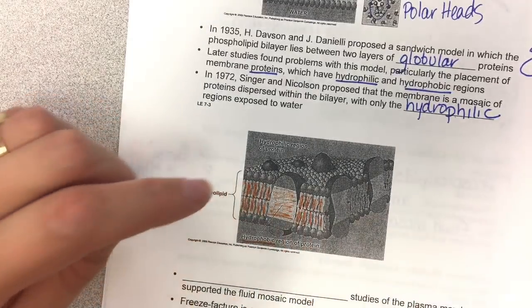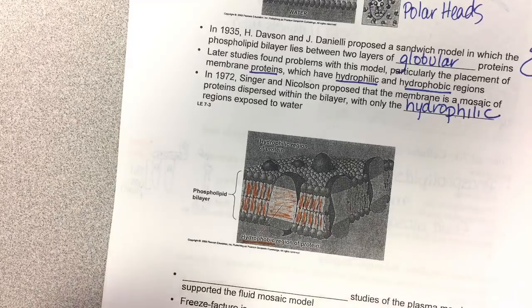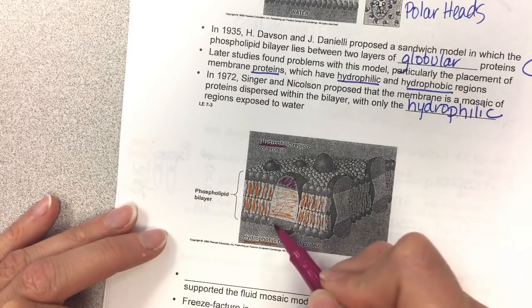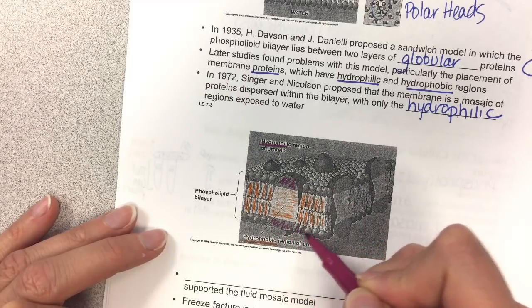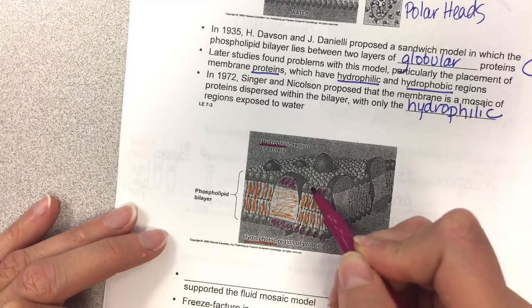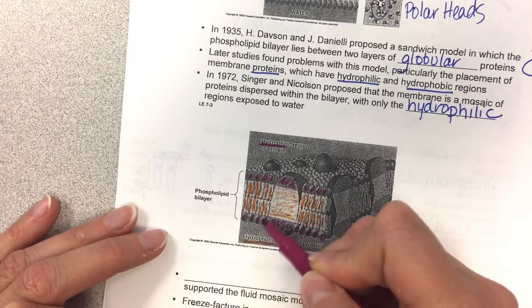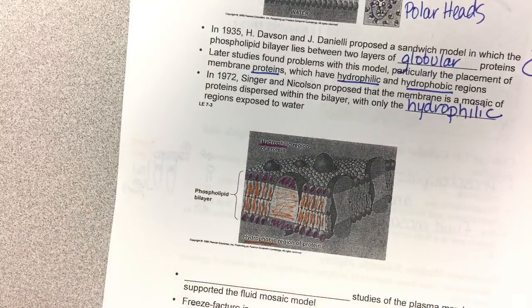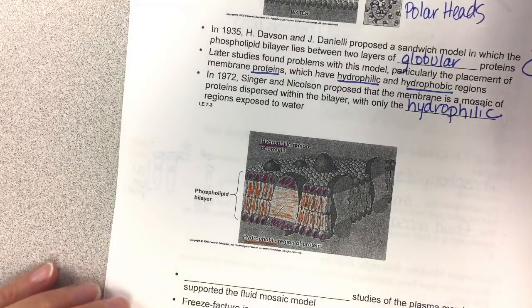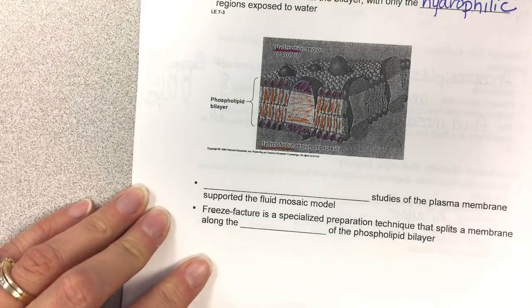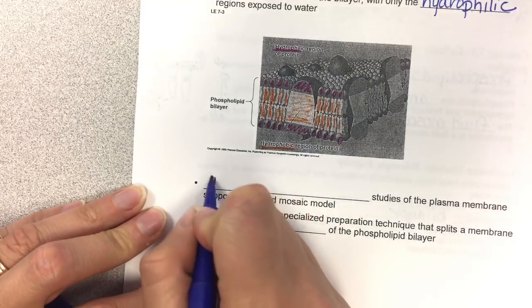And then the hydrophilic parts are the parts exposed near the water, and all the heads are hydrophilic as well. So therefore proteins and phospholipids are amphipathic in the lipid bilayer.